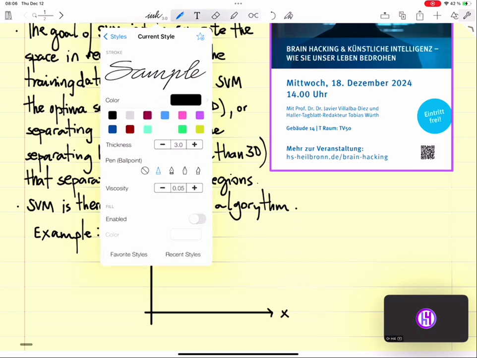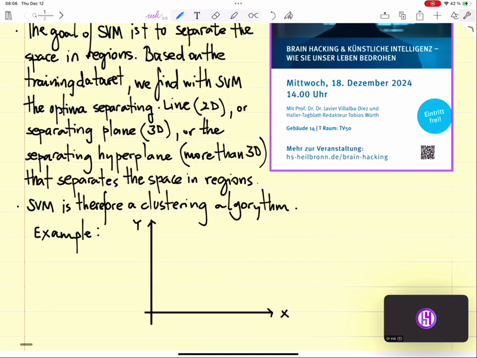And you have a bunch of customers located in this area.